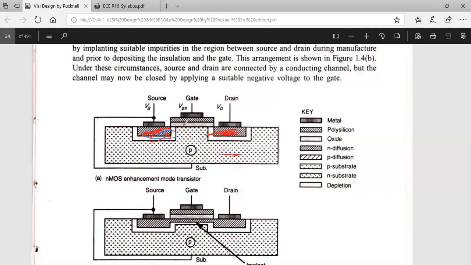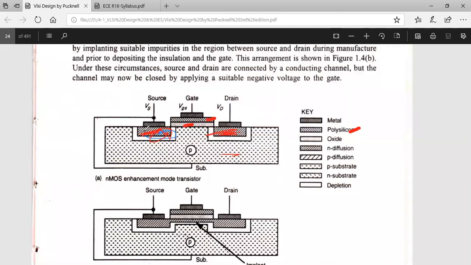Over that silicon wafer, I am forming silicon dioxide, which will act as an insulator. Over that, I am using a polysilicon. You can see here I am forming a polysilicon here.